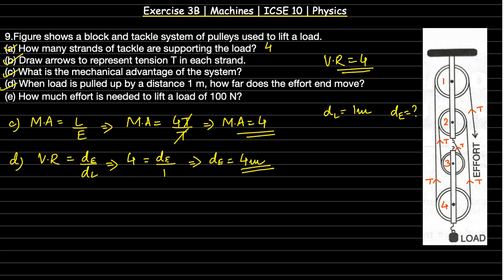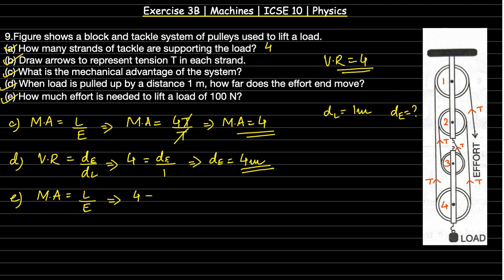Now we have only one part of this question left, that is the E part. So for doing the E part, how much effort is needed to lift a load of 100 newtons? So we'll be using the formula for mechanical advantage again, the same formula that happens to be load divided by effort. Now the load is given as 100 newtons and mechanical advantage we got it in part C as 4.